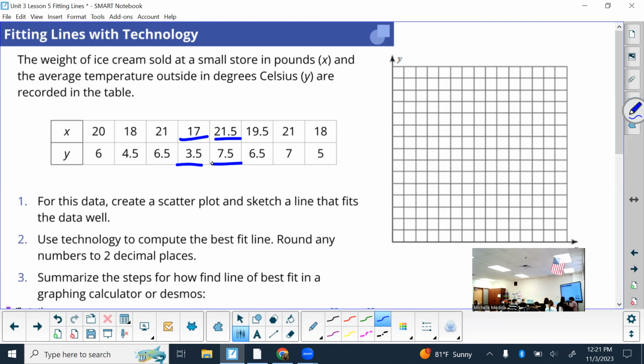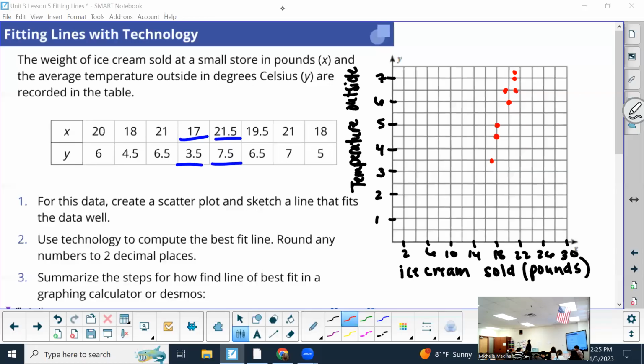And I'll freeze to start plotting as well. All right, so here's how I made mine. Granted, yours could look different depending on how you labeled your axes. On the X-axis, each tick mark is 2. I didn't label every single tick mark, but it goes like 2, 4, 6, 8, 10, 12, but you could have done it.